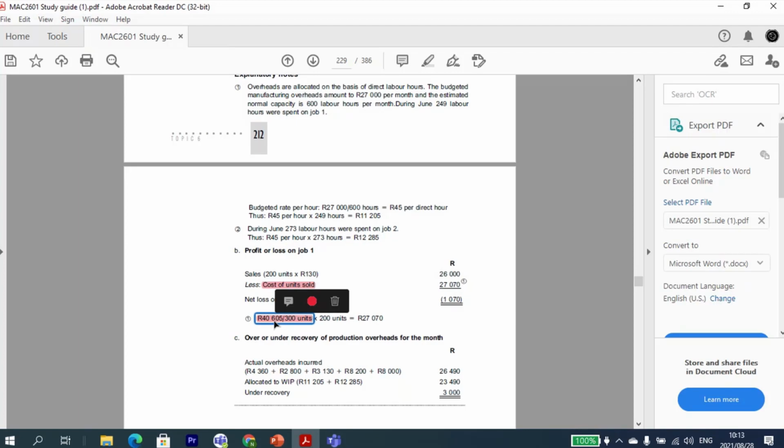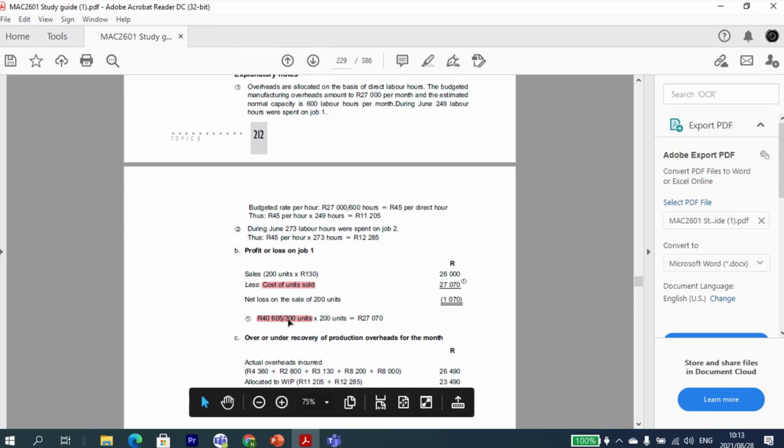It's similar to the previous topics that we touched on. I think it's under direct labor versus absorption costing, because for your cost of sales, you need to apportion it, but you make it relative to what you've produced.